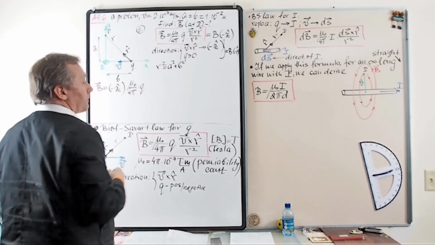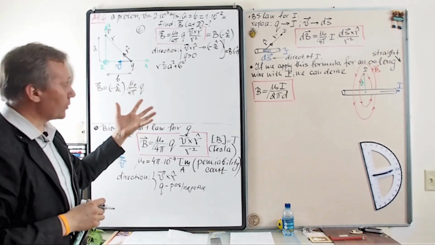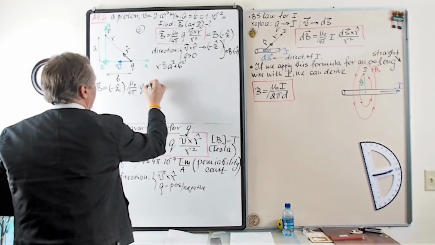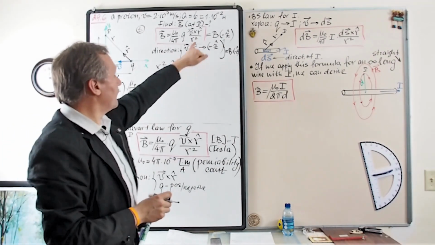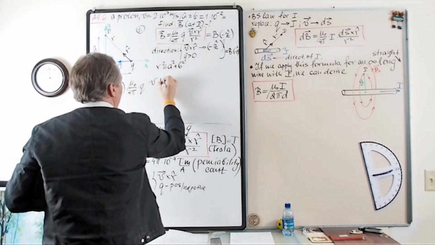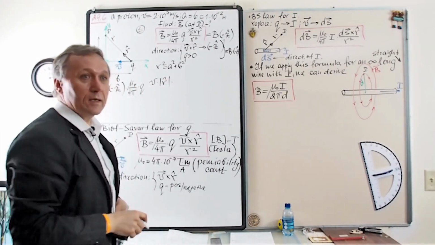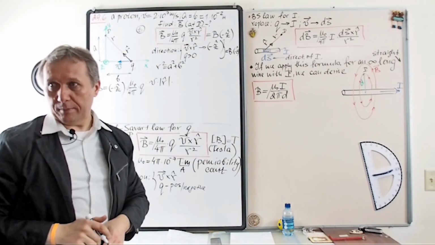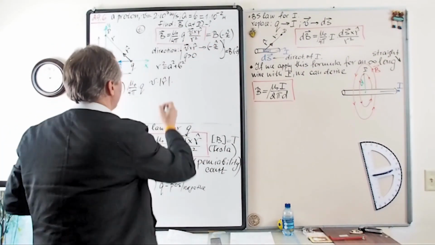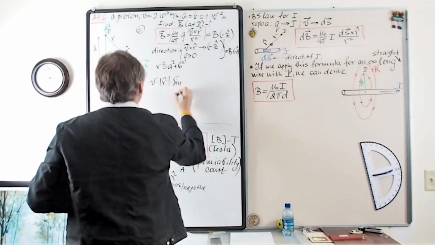You remember the absolute value of the cross product. It's the absolute value of the first vector, V, then the absolute value of the second vector in the cross product, R hat, and then sine of the angle between them, right? Sine of the angle between V and R. Which angle?